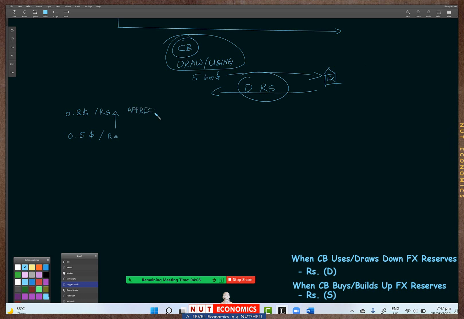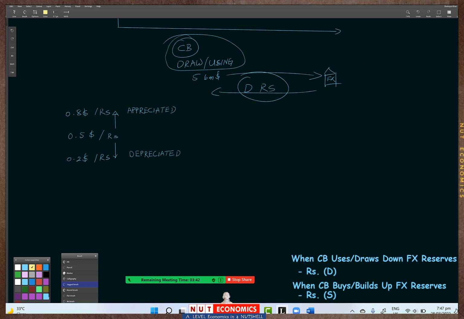Your currency has become more expensive, your currency has become more valuable. Whereas if exchange rate falls to $0.2 per rupee, so that is where we say that the rupee has lost value, it has become cheaper, or it has depreciated. Now you should be able to pick all of these terminologies because in MCQs or SMA, these are used interchangeably.